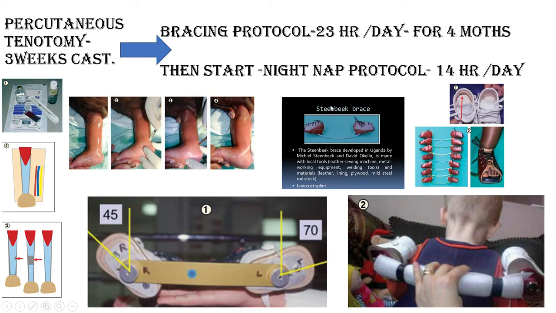Before this Steenbeek brace was developed in Uganda, the brace which was used in CTEV was called the Denis Browne splint. This Denis Browne splint has become obsolete now. Now it is replaced with this Steenbeek brace, or it is also called the foot abduction brace.